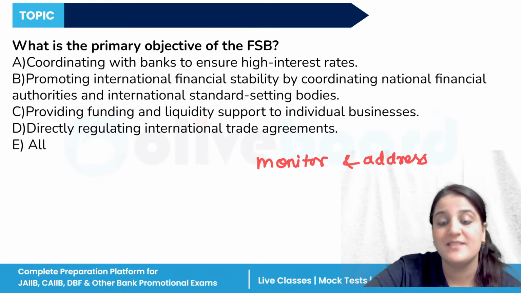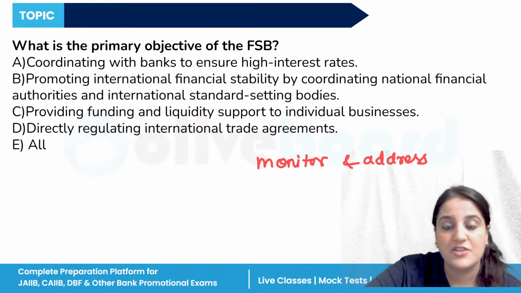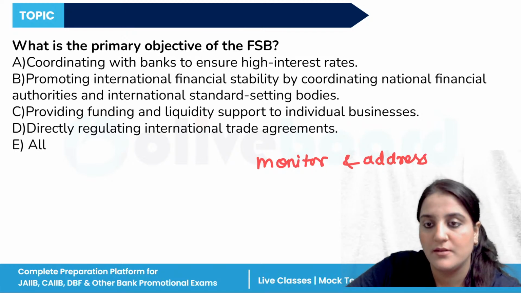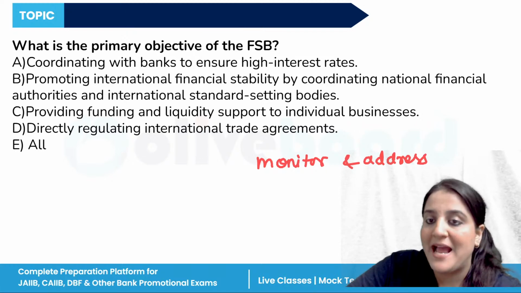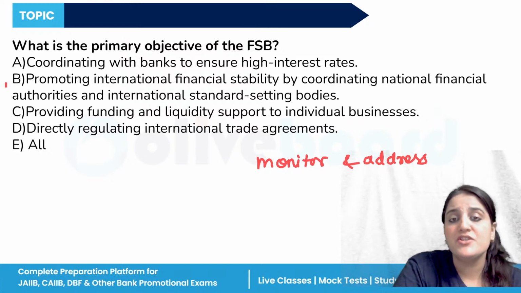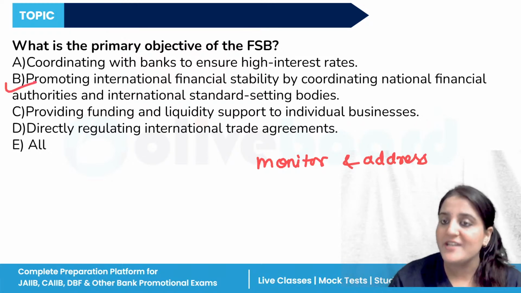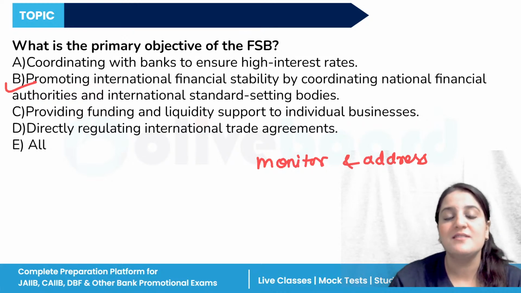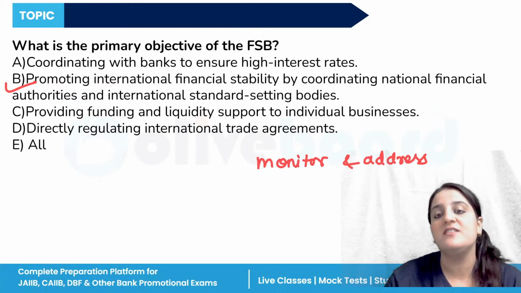It also plays a role in setting international standards for financial markets and institutions. So, the primary objective of FSBs is to promote international financial stability by coordinating national financial authorities and international standard setting bodies.